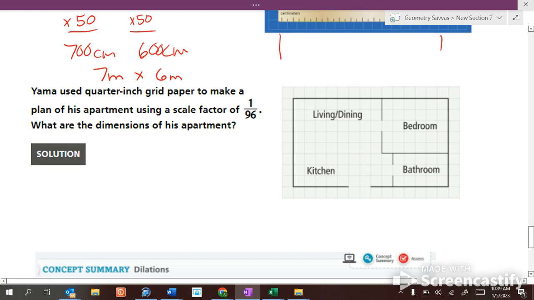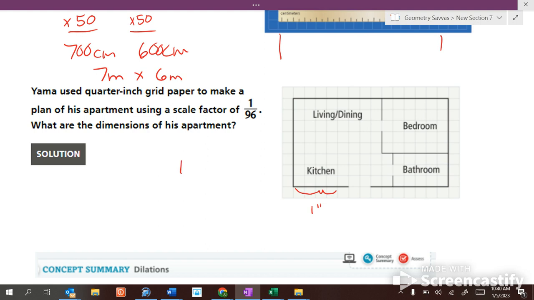Yama uses a 1/4-inch grid paper to make a plan for his apartment using a scale factor of 1 to 96. What are the dimensions of his apartment? All right. So let's say these are 1/4-inch grids. So an inch is 4 of them. Let's count across: 1, 2, 3, 4, 5, 6, 7, 8, 9, 10, 11, 12, 13, 14.